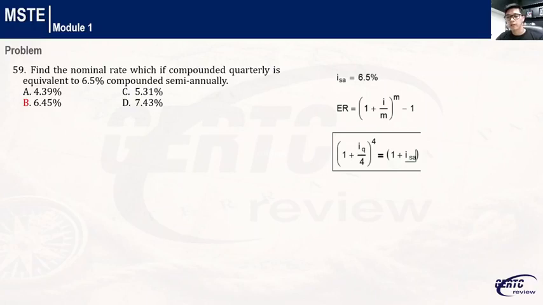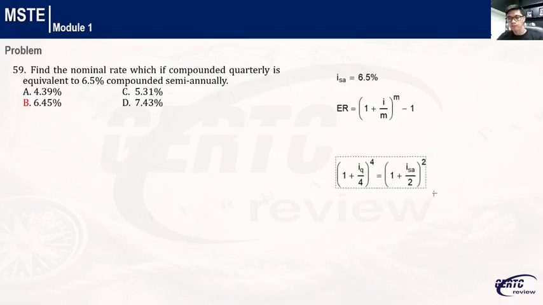Itong 6.5 natin, pag semi-annually, that is divided by 2. Yung M natin is 2, raised to 2. So, pwede nating i-shift solve yan, or simplify. Kung gusto nyo i-simplify, I think kaya nyo na.